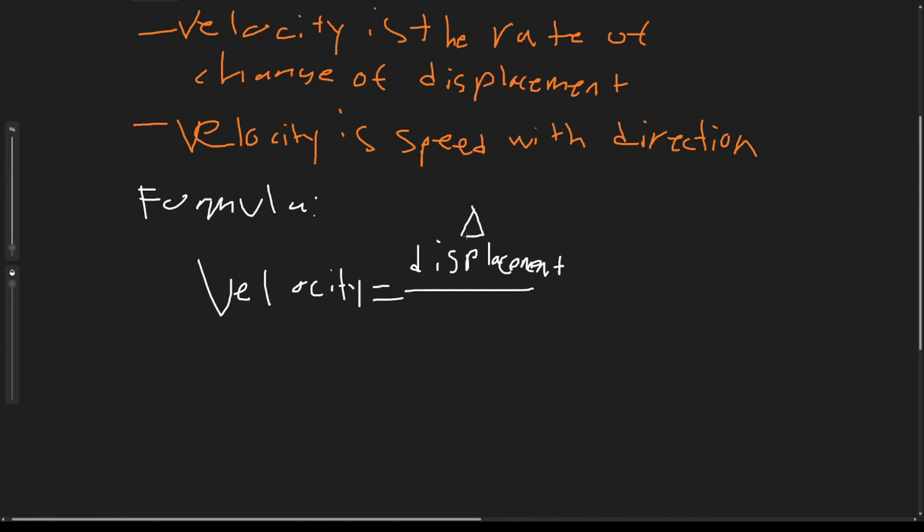It's represented by this symbol, delta D with an arrow above, over time, usually represented with delta T. And the key word here is displacement. So instead of with speed, where it was distance over time, in this case, it's displacement.